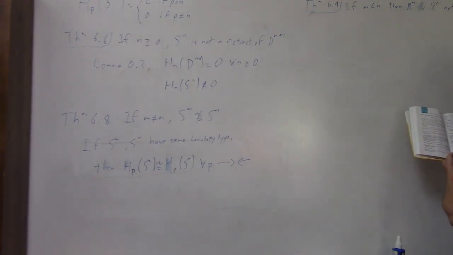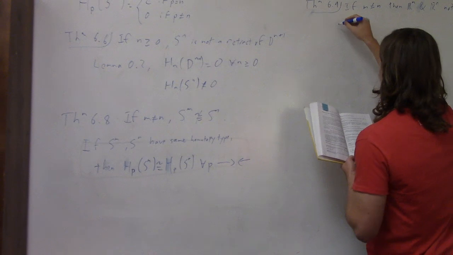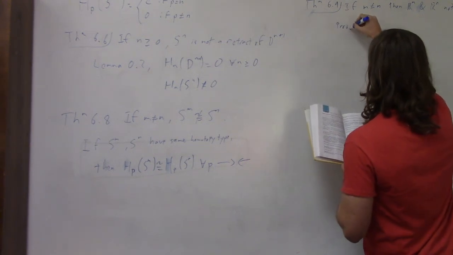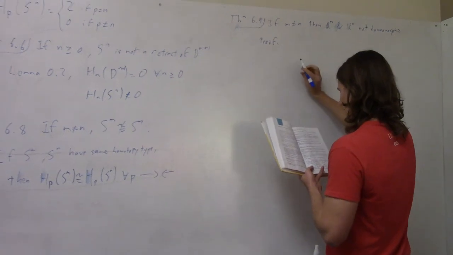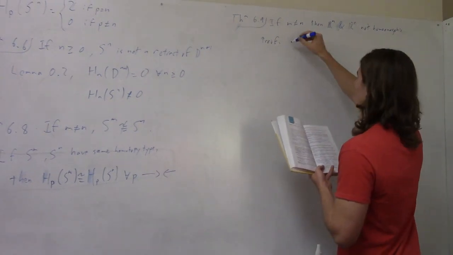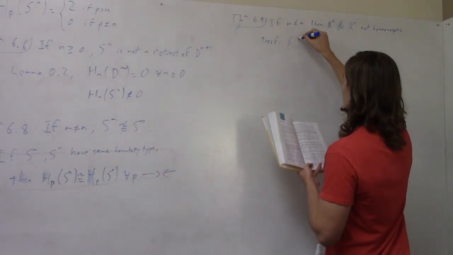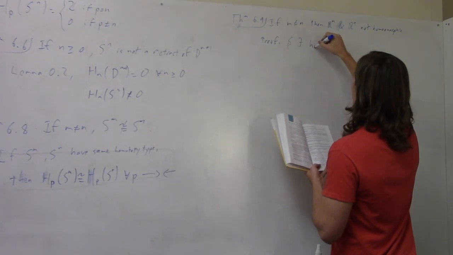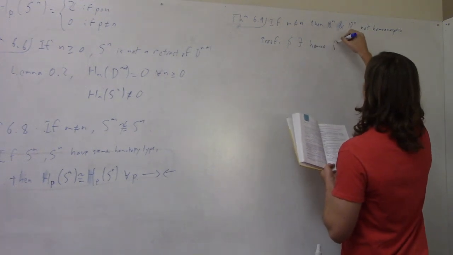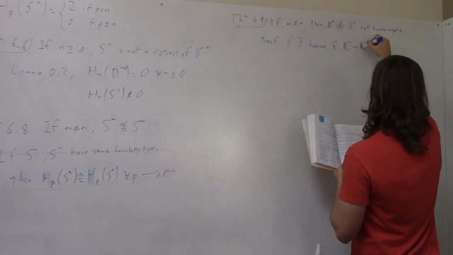I wonder if in Lee's Topology of Manifolds book he gets to this result by some other method. Probably. So again, I think it's contradiction. We'll suppose that there exists a homeomorphism from Rm to Rn.